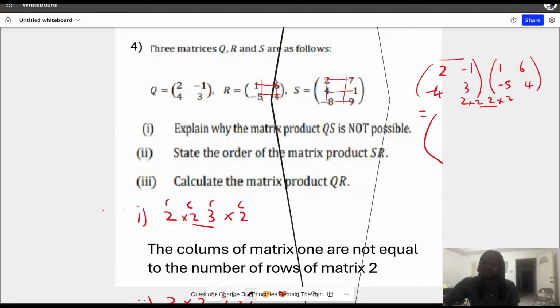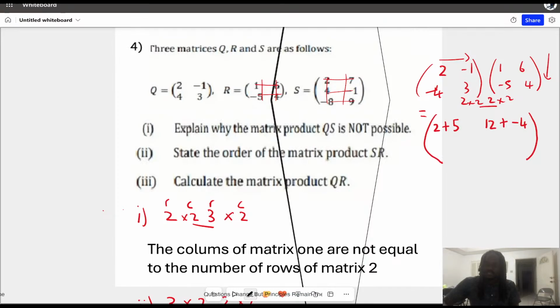Let's go. Rows in the first, columns in the second. First number by first number, 2 times 1, 2, plus second number by second number, negative 1 times negative 5, 5. Then next column now. 2 times 6, 12, plus negative 1 times 4, negative 4.